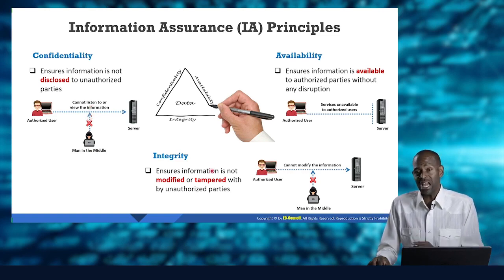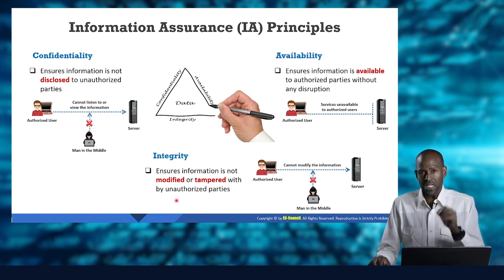When you think of integrity, think of things like digital certificates and hashes, mainly digital certificates. And what we want to do with integrity is make sure that, see this user over here? When he sends something over to the other end of that communication, we want to make sure it has not been changed.